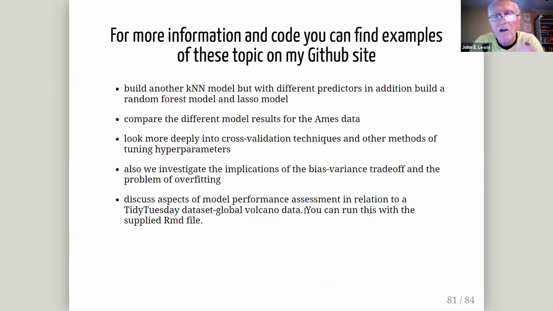In addition, I give more explanation of cross-validation techniques, the bias-variance trade-off, and the problem of overfitting. And finally, you will find in our markdown file that I've done a classification exercise on a previous Tidy Tuesday data set on the global volcano data, showing how to do a classification exercise in Tidymodels.